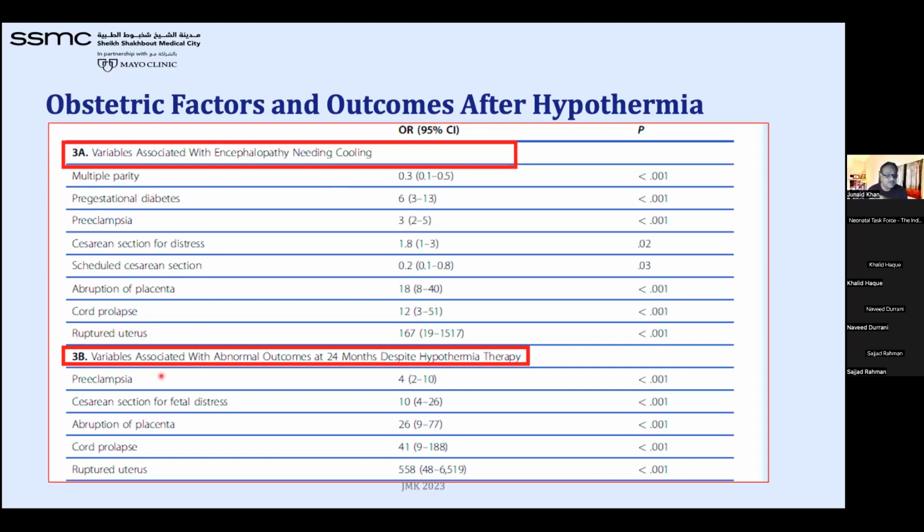Ruptured uterus. Then the variables associated with abnormal outcome at 24 months despite hypothermia are preeclampsia, cesarean section, abruption of placenta, cord prolapse, and ruptured uterus. So the gynecologists and obstetricians have to take a role if we want to decrease this problem and mortality.